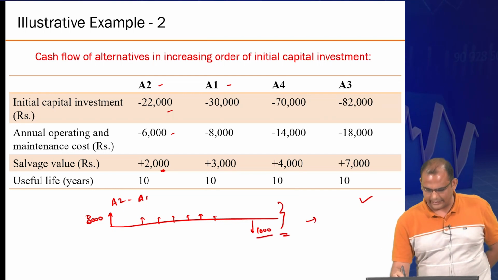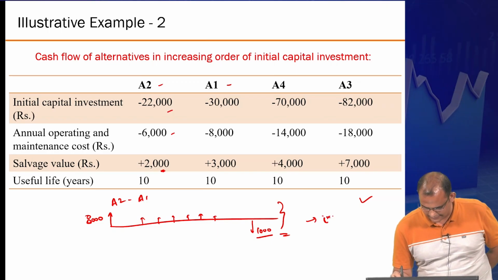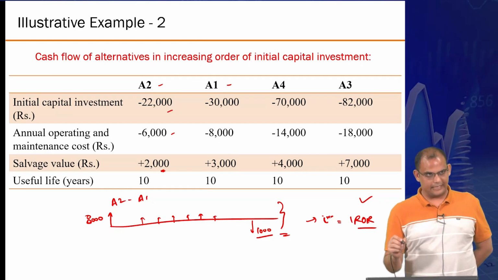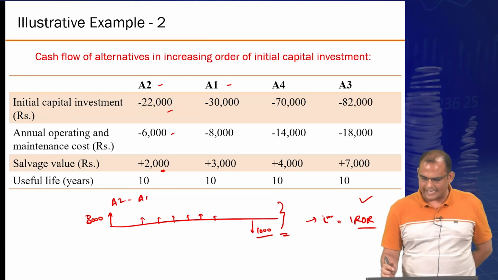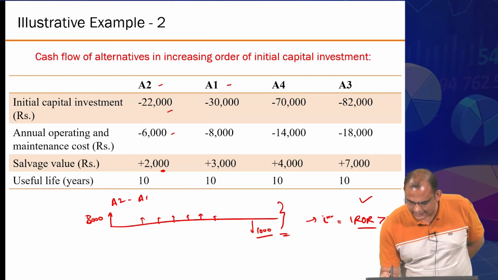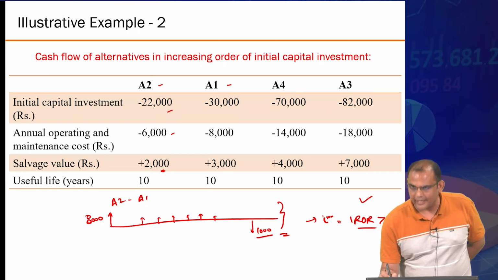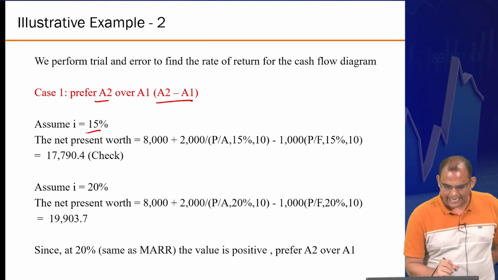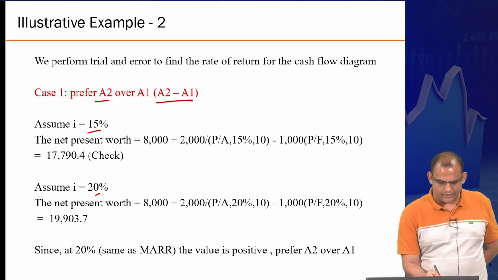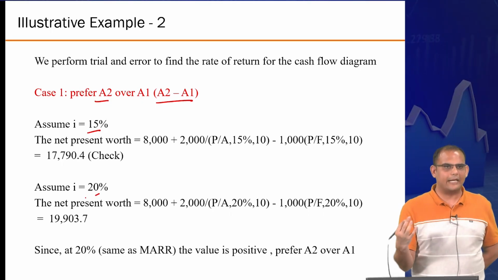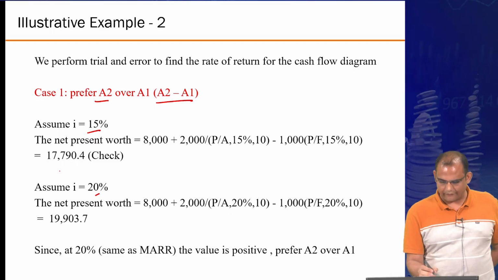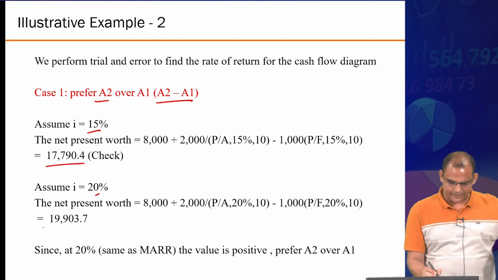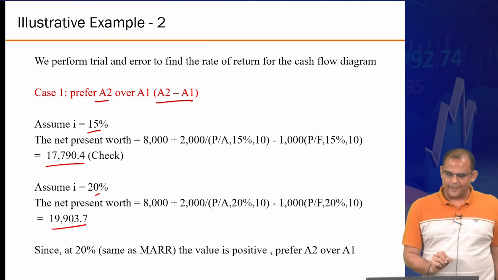Now you calculate the rate for this, which will be IROR, which is the incremental rate of return, and that has to be at least greater than MARR. So if you do that, assume i equals 15. Ideally you should have assumed i equal to 20 and then immediately get an answer. You assume i equals 15, you will get this particular value. You assume i equals 20%, you will get this particular value.